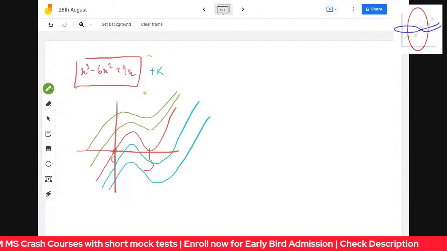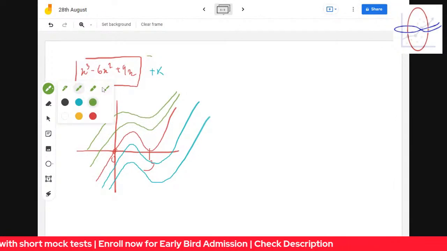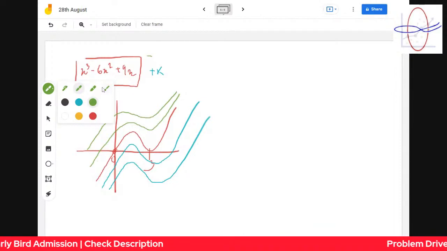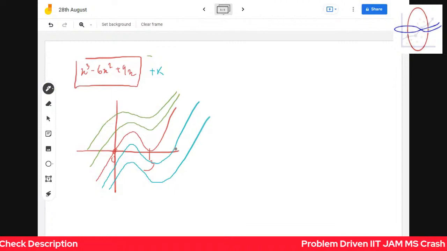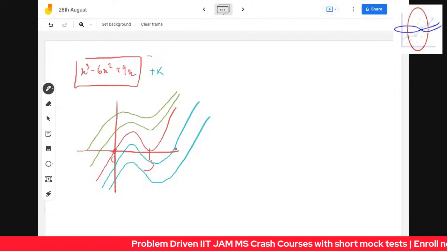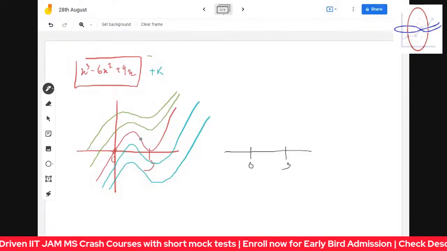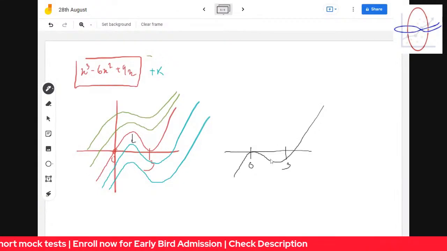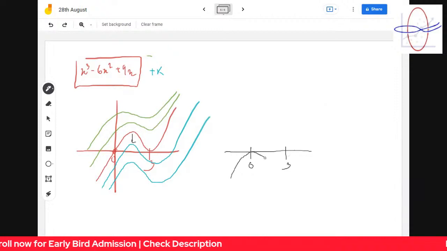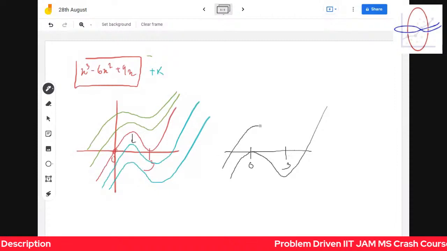So we need exactly one root. And when can that happen? Understand it. The two-root case can only happen if this is the case. This is the diagram. If you bring it down such that it looks like this, or it looks like this, these are the two cases where there are exactly two roots.